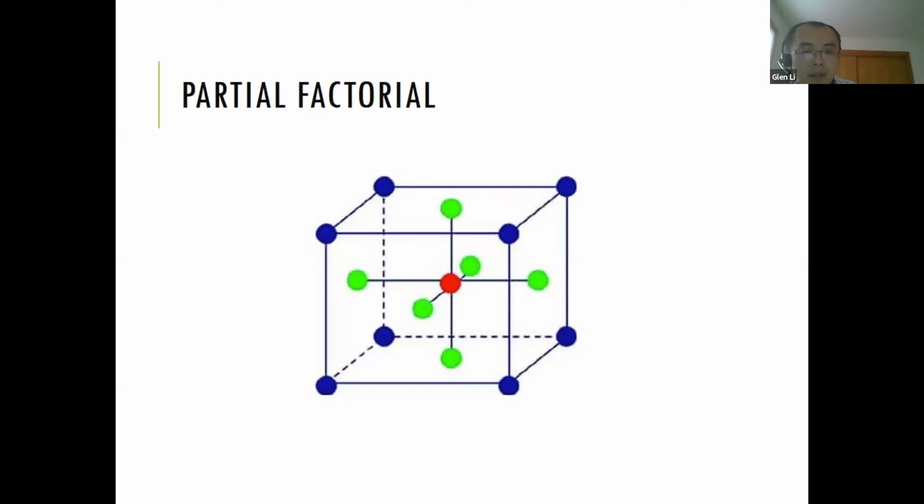This is a reduced design, but usually such a design is enough for us to identify the impacts of those factors. This is called a partial factorial, and we're carefully picking those 15 combinations of factors so that they're representative, or they can give us enough data to draw the conclusion we actually need.